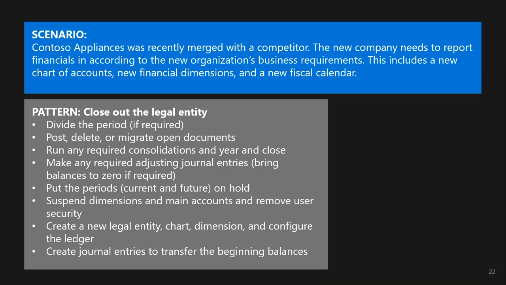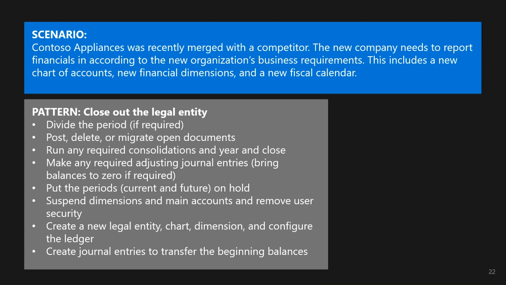A number of steps that you're going to want to go through, but you might need to divide that period. If this acquisition or merger happened mid-period, you can divide the period if need be to do a mid-month period close. And then you can post, delete, or migrate all of your open documents.